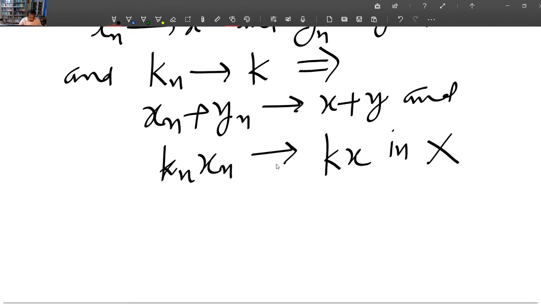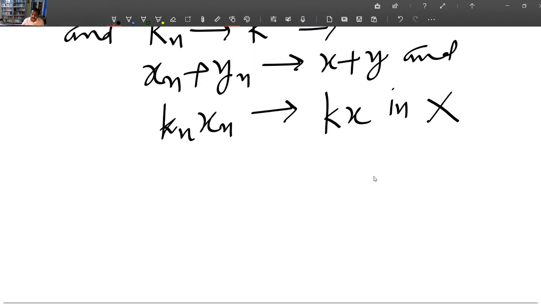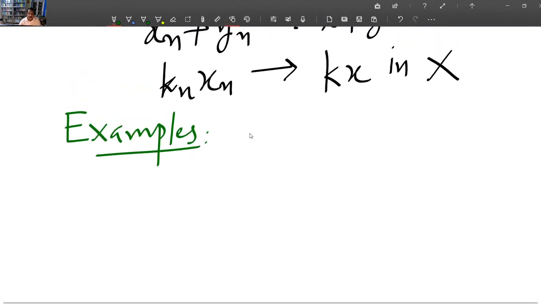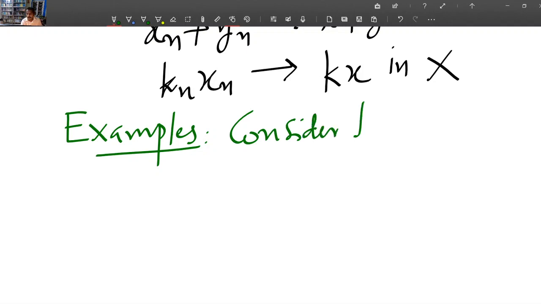Now we are going to define various types of norms on Kn. We are going to discuss some examples. Consider the space Kn. We are going to define different types of norms on Kn.